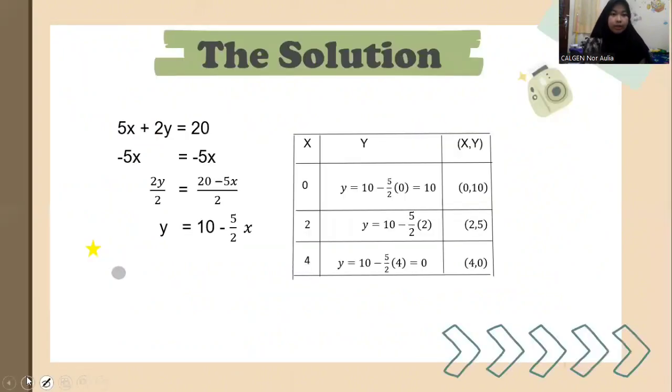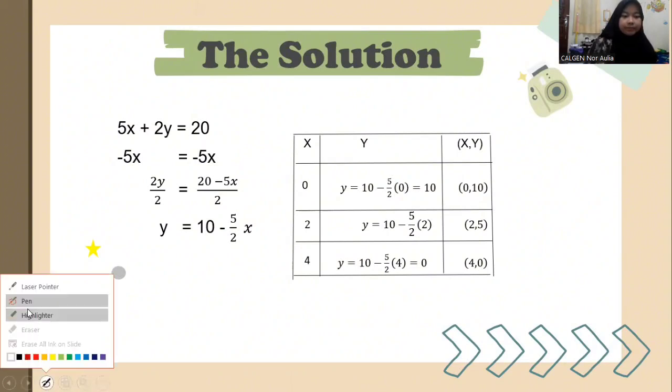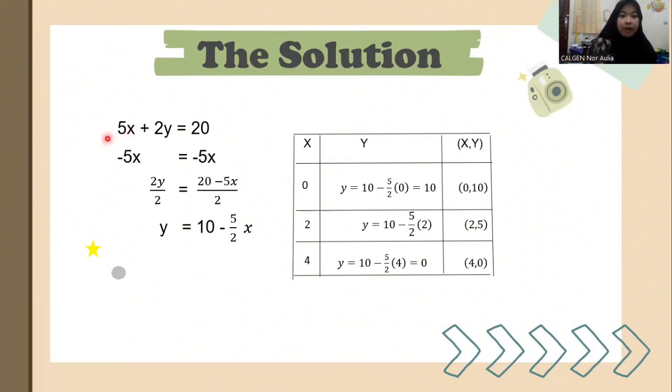So the solution is we can do the operation 5x plus 2y equals 20.